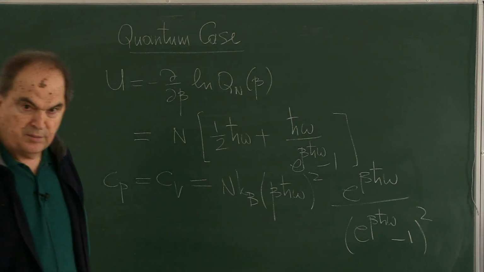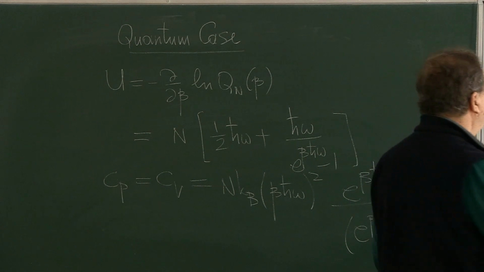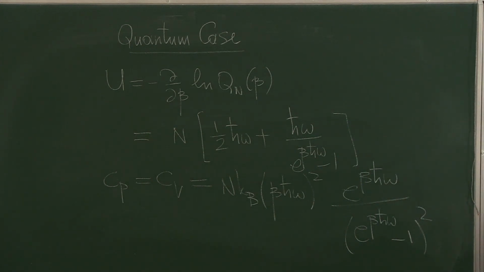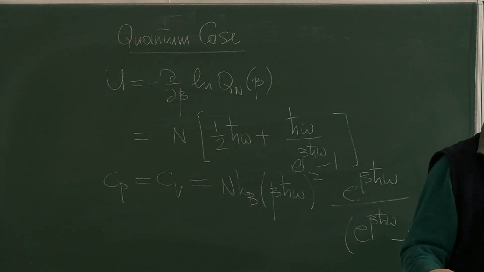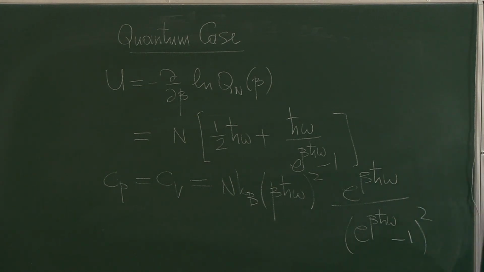When do we have the classical limit? Always high temperatures, aren't they? The limits should not be forgotten. Classical limit is the high temperature limit. Low temperatures make it the quantum case. Why? Well, thermal wavelength is inversely proportional to temperature, isn't it?